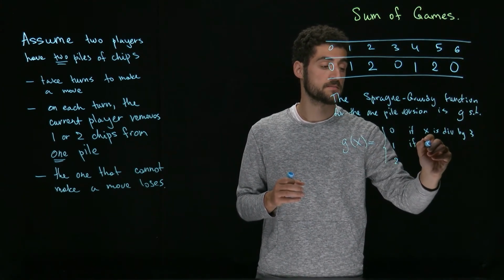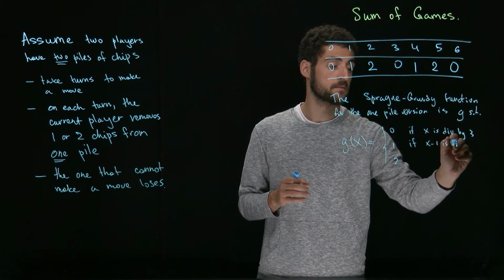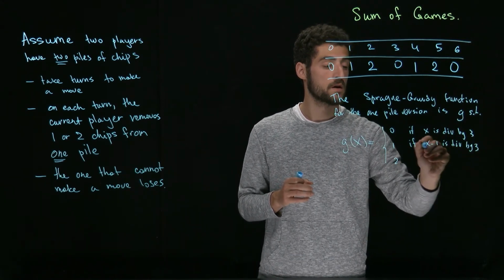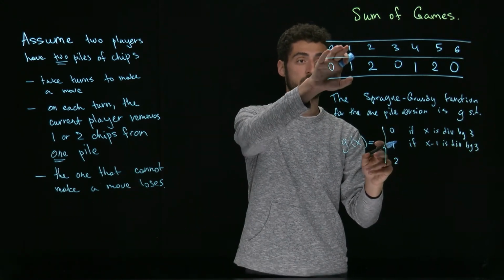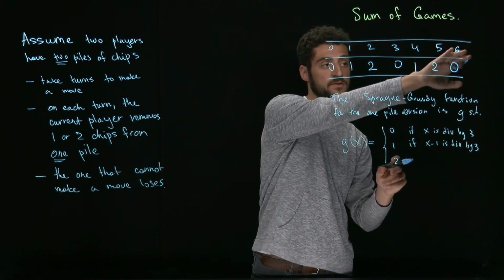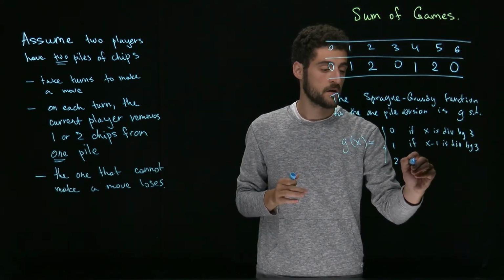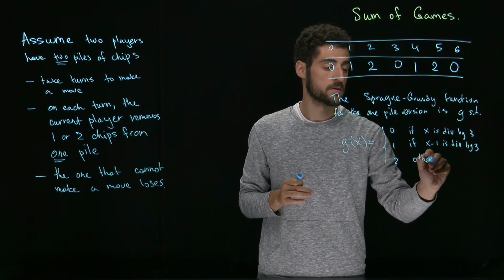If x minus 1 is divisible by 3, we have 1, because it's 1 for 4 and for 7 and so on. And finally, it's 2 otherwise.